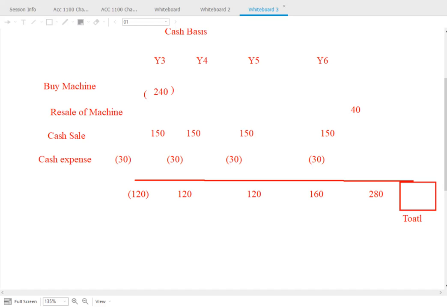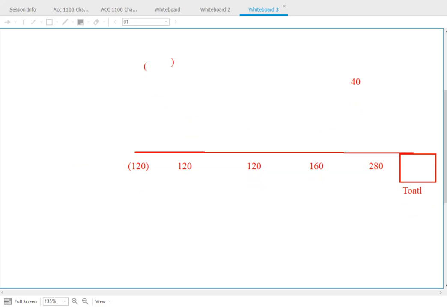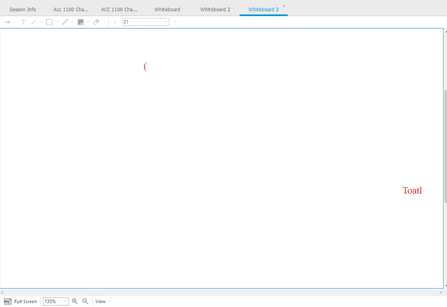Okay, I don't have time, so I have to move. Under the accrual base: year 3, year 4, year 5, year 6, and the total.